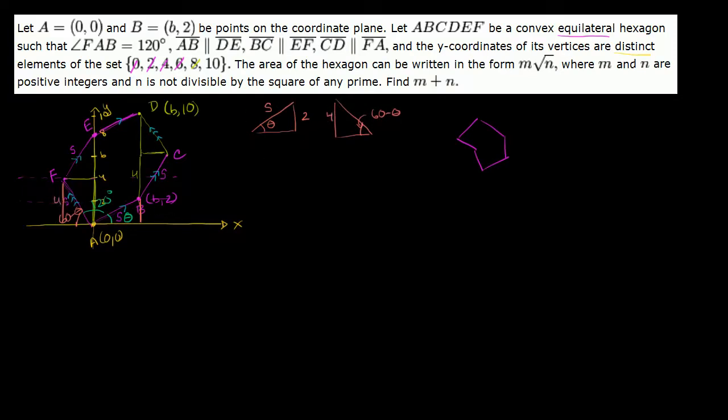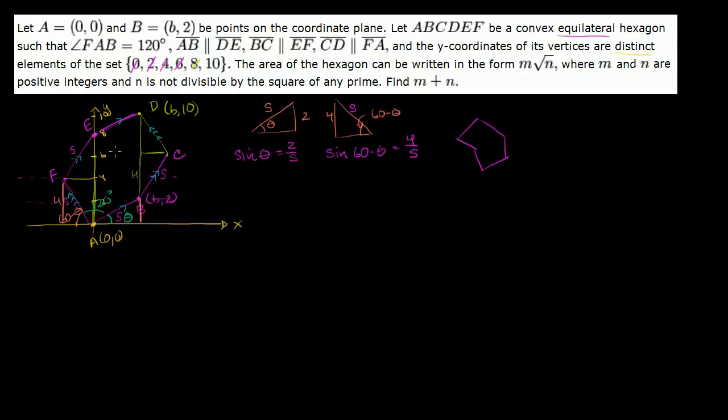So let's see what we can do to solve for S. This triangle says if we take the sine of theta, the sine of theta is equal to the opposite over the hypotenuse. It's equal to 2 over S. This triangle tells us, and remember, this hypotenuse over here is also S, the sine of 60 minus theta is equal to 4 over S.